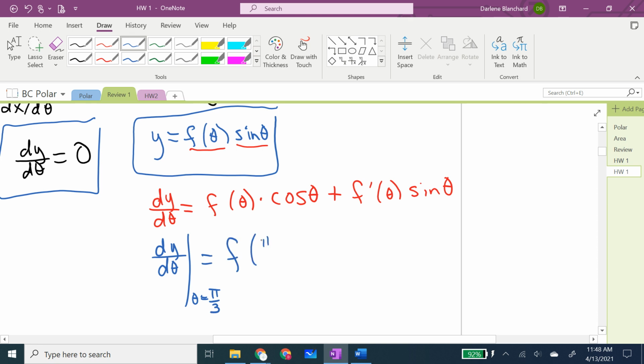So I plug in pi over 3, and I keep plugging in pi over 3, and again.